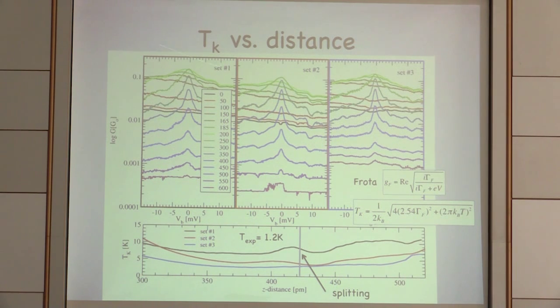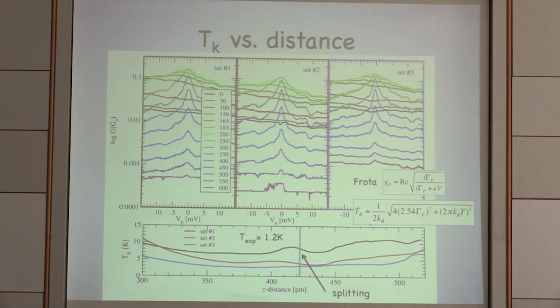We also estimate this Kondo temperature as a function of distance, and there is a small surprise here. We use the Frota function, and from the Frota function we can get this Kondo temperature, including the correction to the experimental temperature. In our case the experimental temperature is 1.2 Kelvin, but what we found is something strange. In the close distance regime, of course, the Kondo temperature is pretty high, but when we get to 350 picometers, the Kondo temperature is already at a minimum.